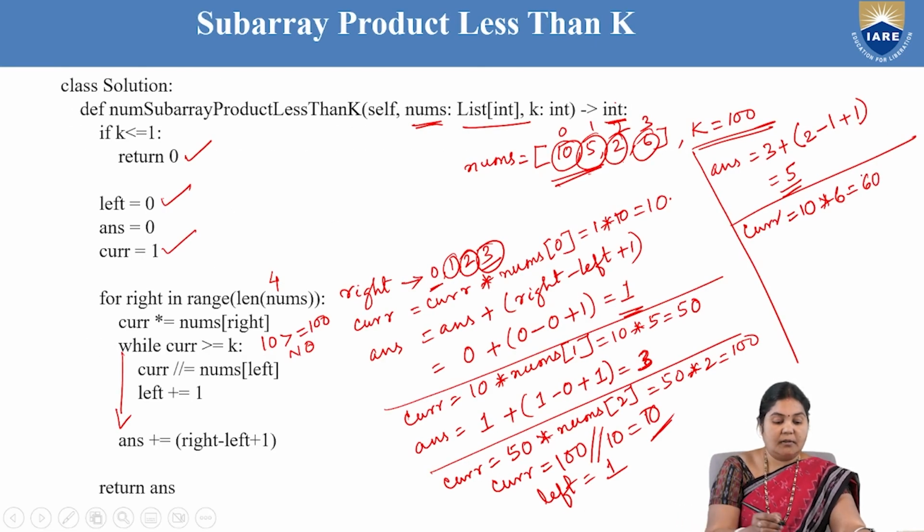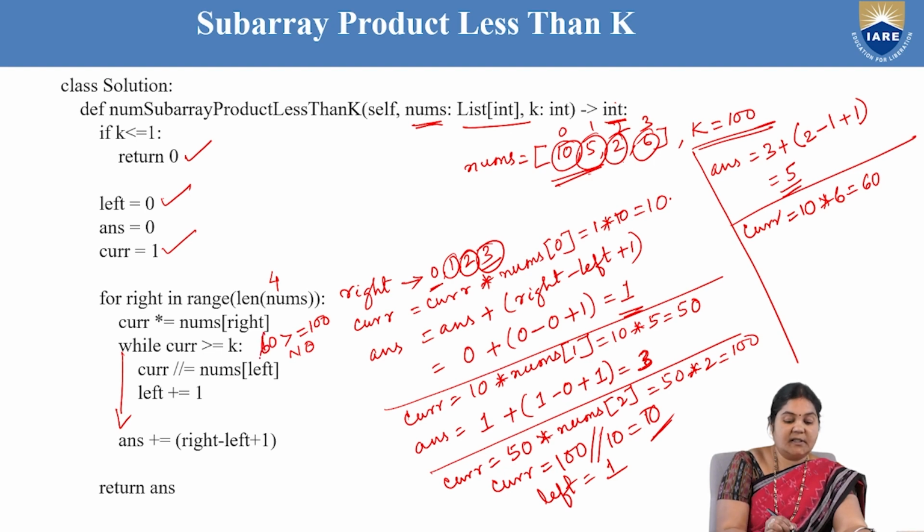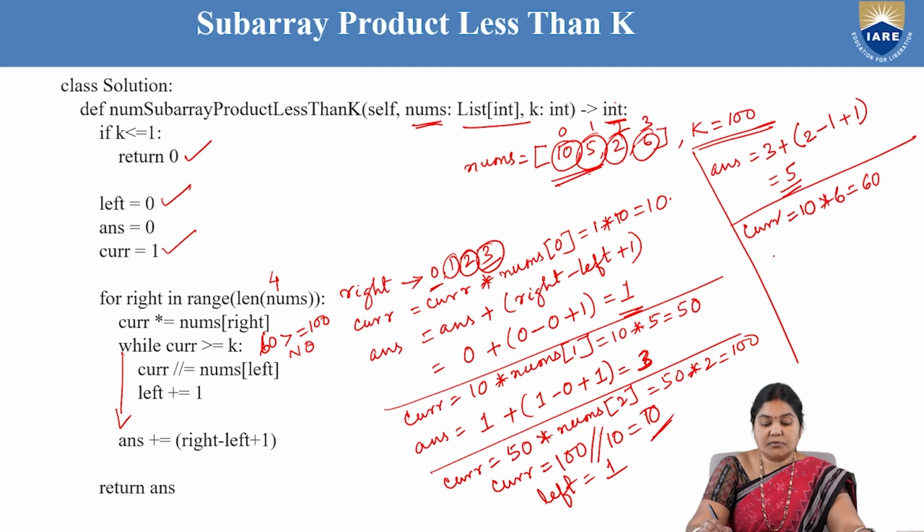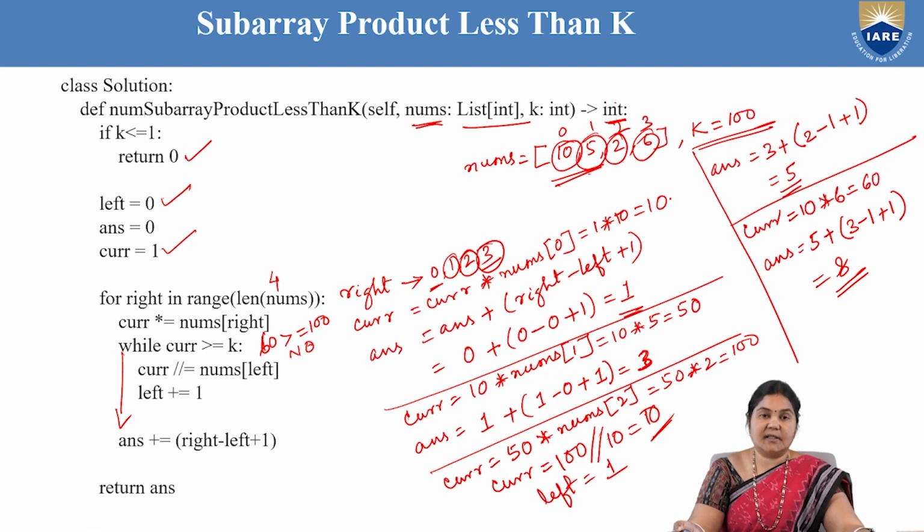Now, is 60 greater than or equal to 100? No. So we'll come out and form the answer. Answer is equal to earlier answer 5 plus right value 3 minus left 1 plus 1. It is 5 plus 3, 8. So these many subarrays have product less than k.